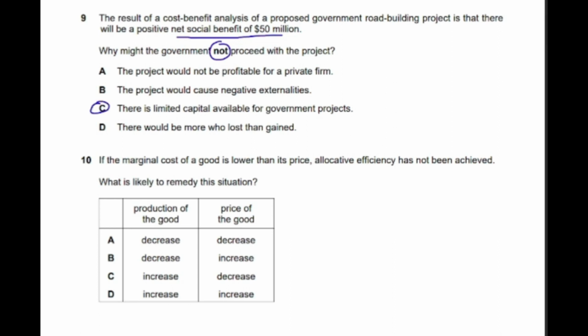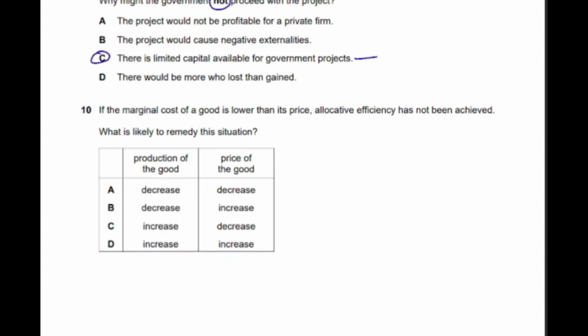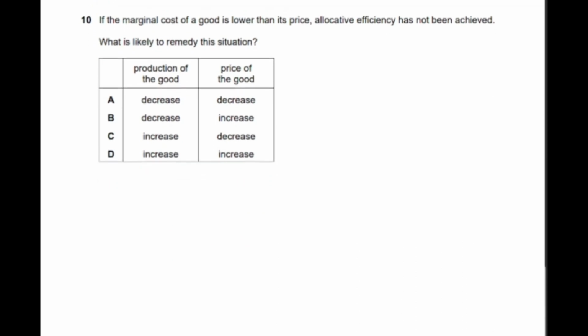Correct answer is C. There is limited capital available for the government project. So even if the project has benefits for the society, but still if the government doesn't have sufficient funds, then definitely it cannot undertake this project. Again, read other options as well and write in the comment if you don't understand them.